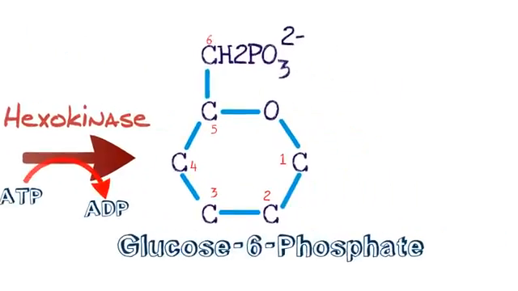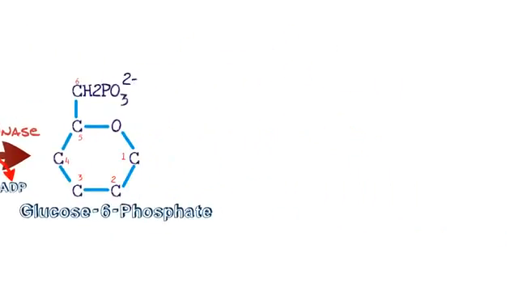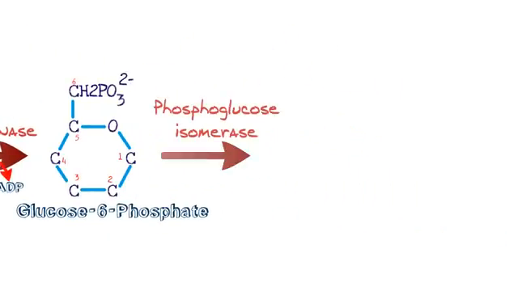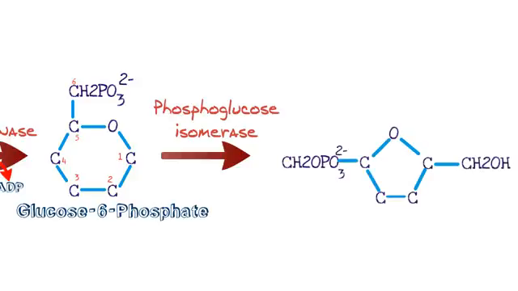The next step is utilizing glucose 6-phosphate as well as the enzyme phosphoglucoisomerase. Isomerase, meaning this enzyme creates an isomer. It just changes the configuration of glucose 6-phosphate. We're not adding a molecule, we're not subtracting any molecules. So glucose 6-phosphate gets converted to this pentagon-like figure.